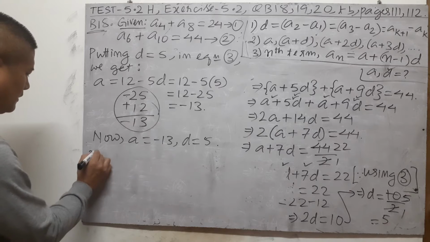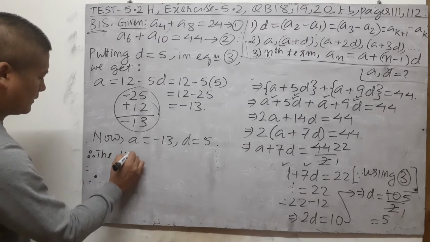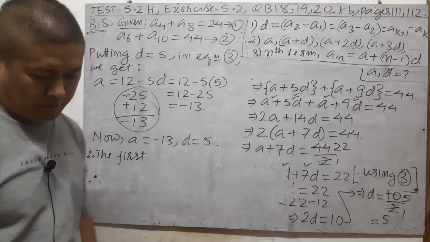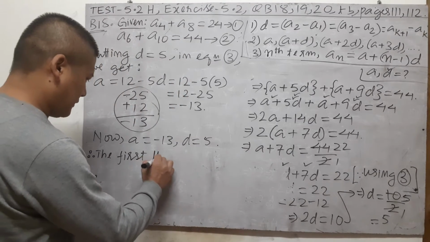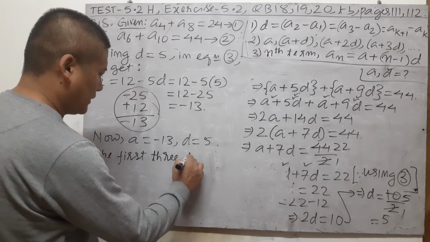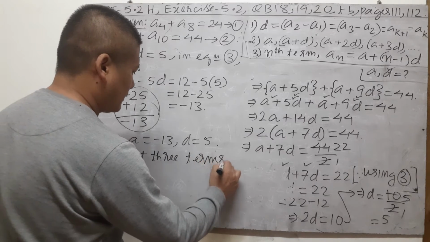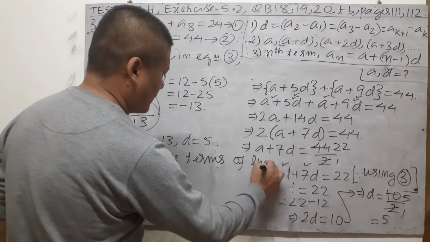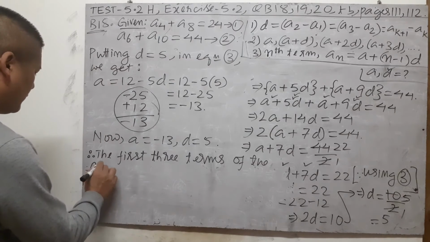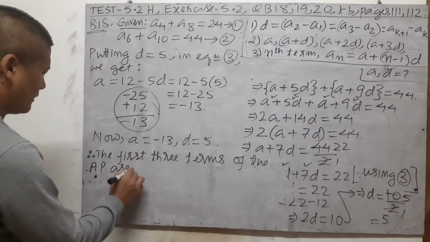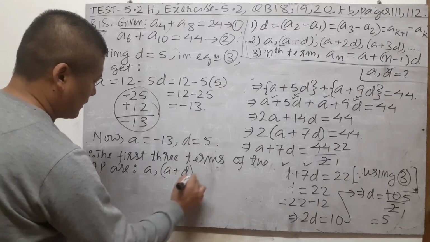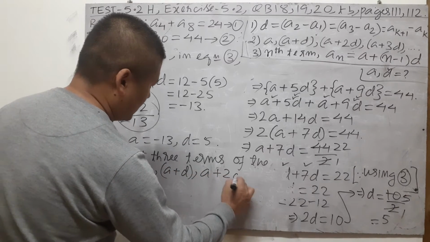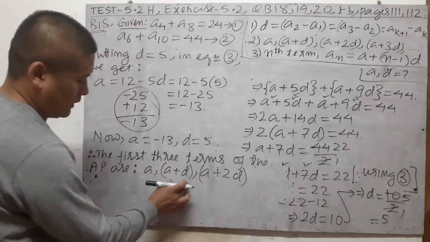So we can write there, therefore the first 3 terms of the given AP are a, a plus d, a plus 2d, a1, a2, a3.